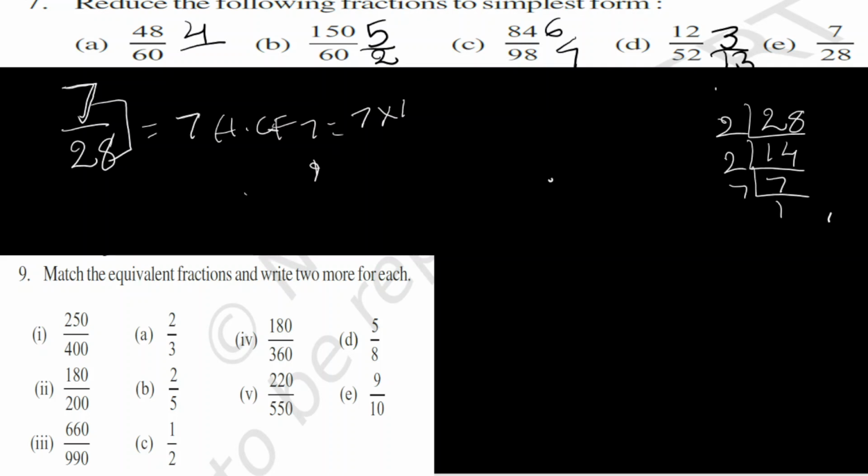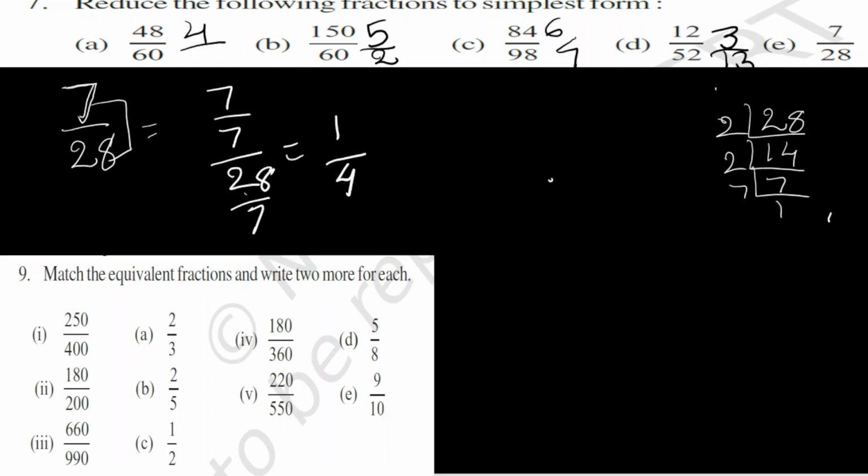Here this 28 can be written as 2 into 2 into 7. And let's find out the uniform values. Here 7 is the uniform value, so the HCF is 7. So let's divide it with 7. 7 by 7 and 28 by 7. Now the fraction became 1 by 4. So the simplest form of 7 by 28 is nothing but 1 by 4.